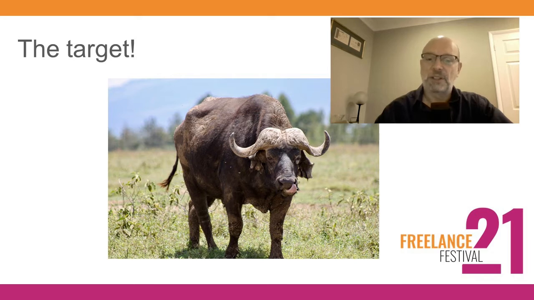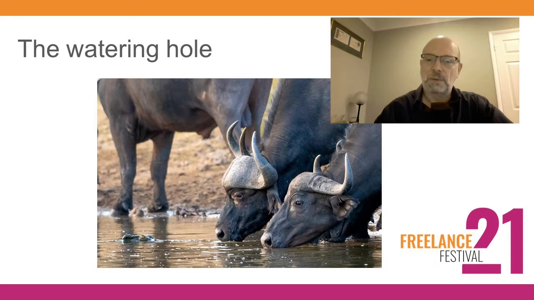So let's talk first of all about killing a buffalo. If you want to kill a buffalo, the first thing you need to do is identify your target. What does it look like? And what are its habits? One of the habits of a buffalo is that every evening at dusk, it will go to its favorite watering hole before it beds down for the night.